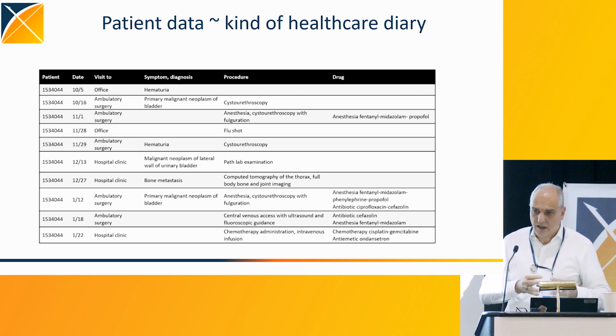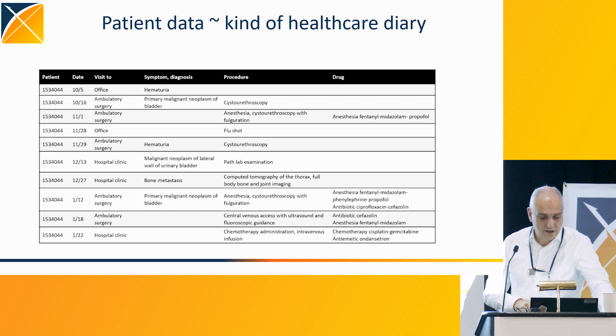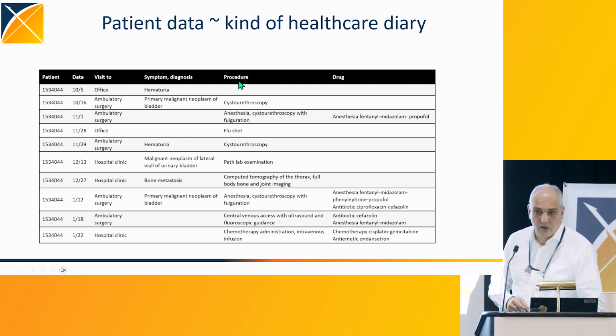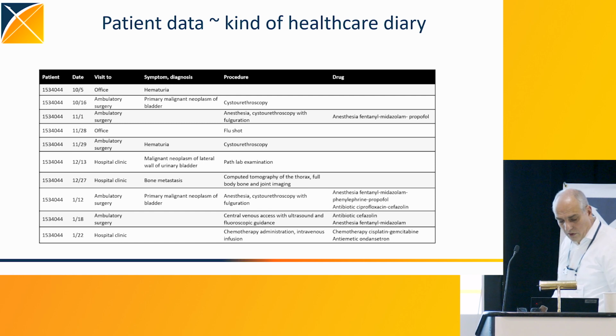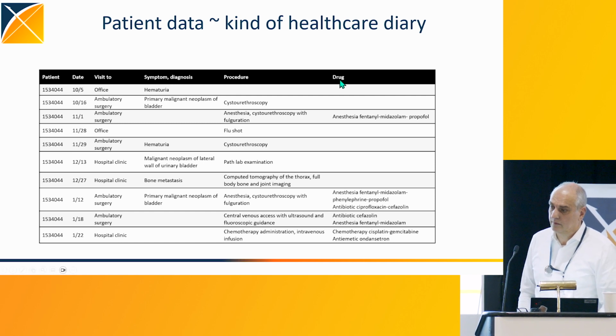So there's a healthcare interaction. We're not interested in what the people do otherwise, outside that. And things happen. Something is wrong. Okay? And then something happens, either the diagnostic procedure or therapeutic procedure, and some drugs are taken, prescribed, administered in various different ways.